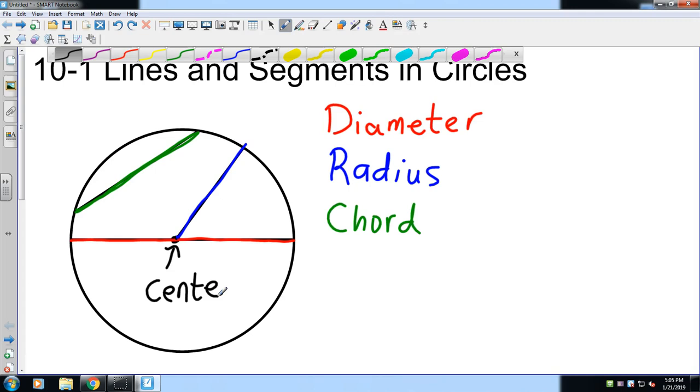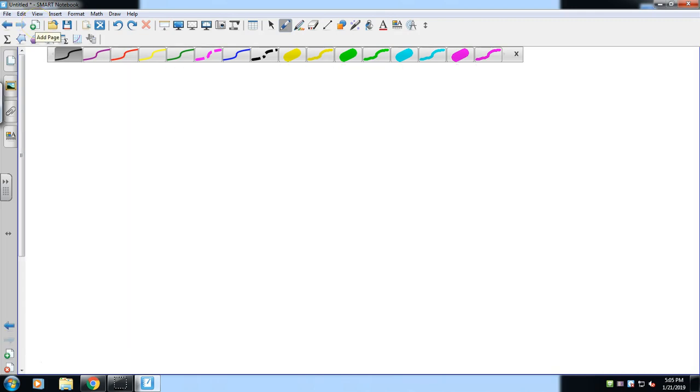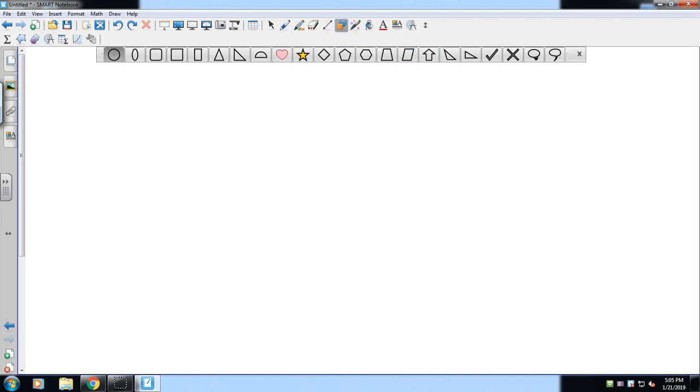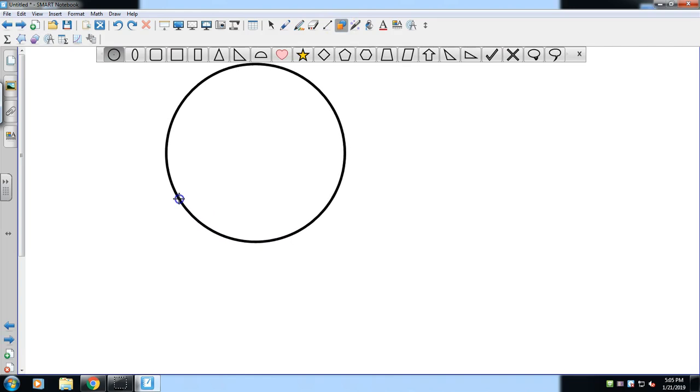So let's talk about tangents. Okay, let's talk about circles that might be tangent to one another. Circles that are tangent to one another share a common intersection point. For example, if I had this circle and this circle, they don't intersect anywhere.